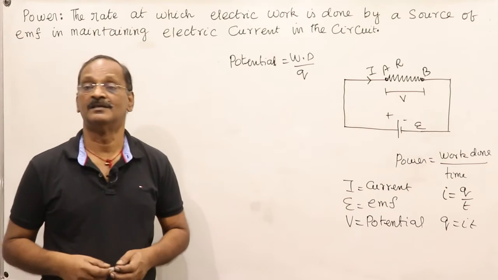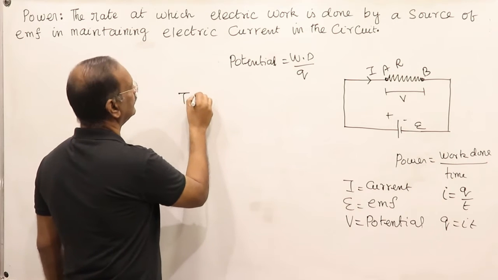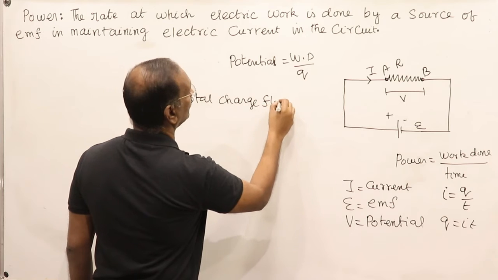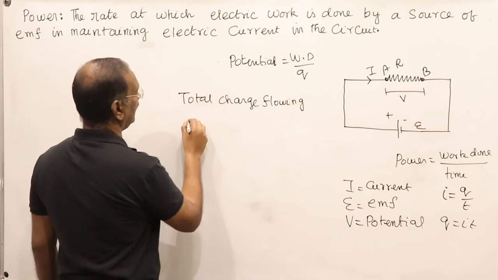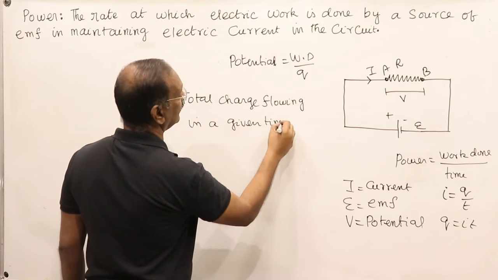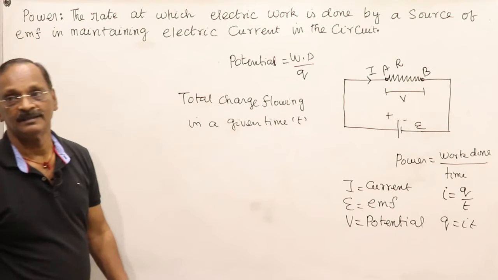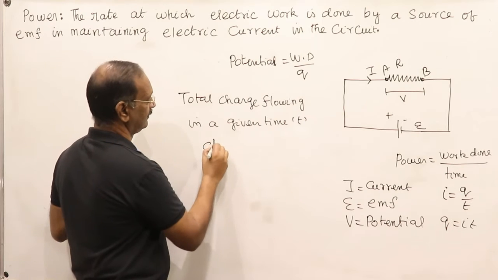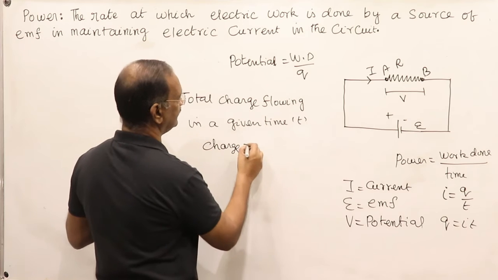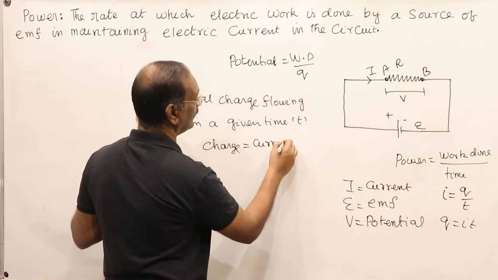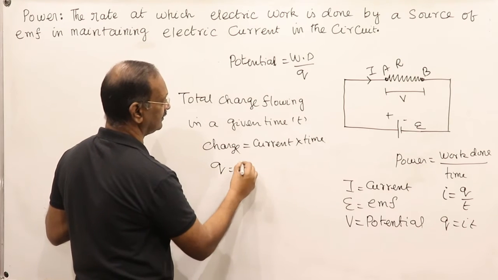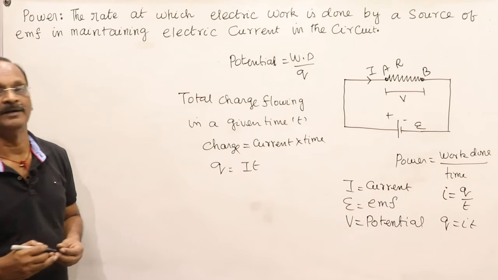Therefore we can write the total charge flowing in a given time t is equal to current into time, Q equals I t.